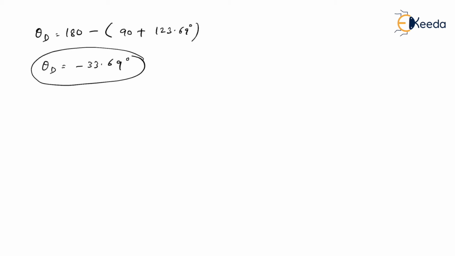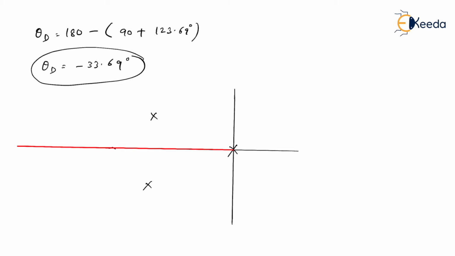So what I'll do over here is draw it quickly. Please pay attention. We had three poles, two complex conjugate poles, or I can say one complex conjugate pair and one pole at the origin, out of which one pole was traveling to infinity with an angle of 180 degrees.